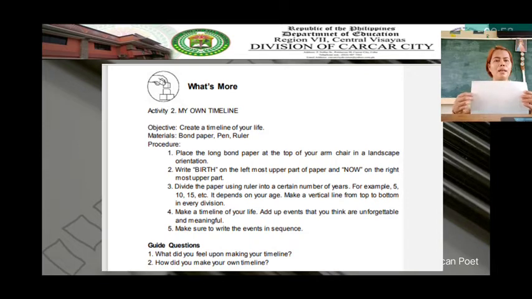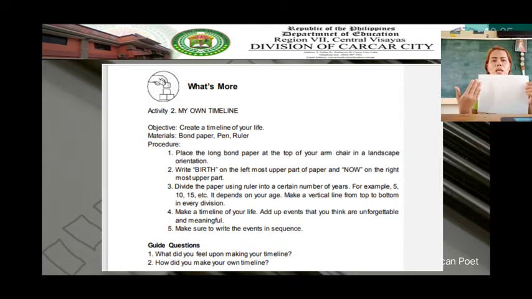And on the rightmost upper part here, you're going to write now. So divide the paper using a ruler into a certain number of years. Okay, so divide this paper into a certain number of years, for example 5, 10, 15, etc. So it depends on your age.